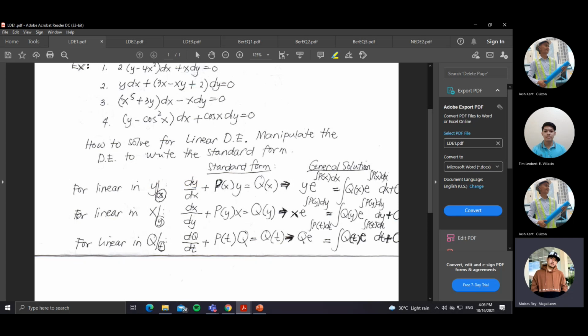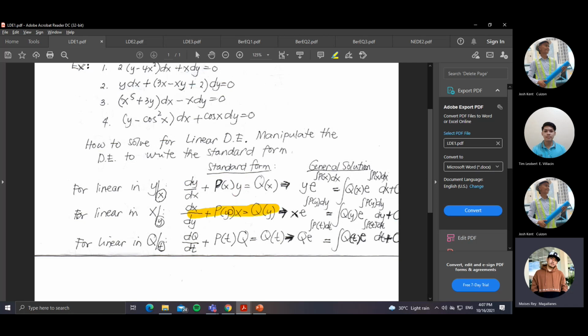And if unsa ato ang independent variable, mao na ang sulod sa P og sa Q. So atong standard form is dy over dx plus P of x y is equal to Q of x. So kani ang variable dire is depende pod kung unsa ang ato ang dependent variable.